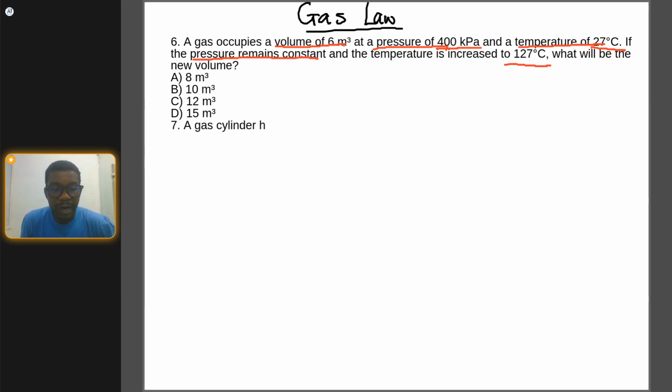Let's list out the parameters in the question. We have the volume given in the question, that is V1, 6 meter cube, and we are given P, the pressure, 400 kilopascal.